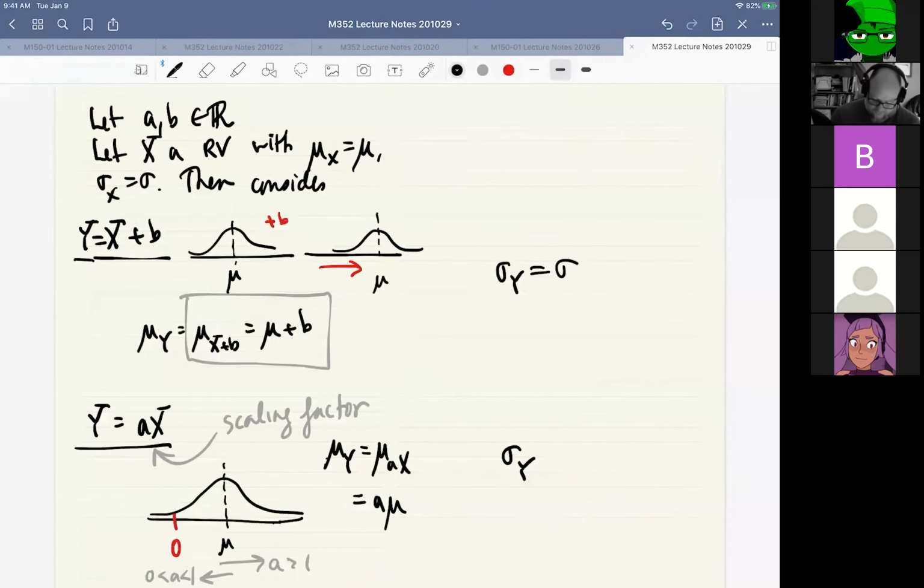So for example, if my data was the set -1, 0, 1, and if my A is 3, then multiplying my data by 3, I get this set, and you can see that data is more spread out. I would be increasing its standard deviation, and it turns out you just increase its standard deviation by the same factor.